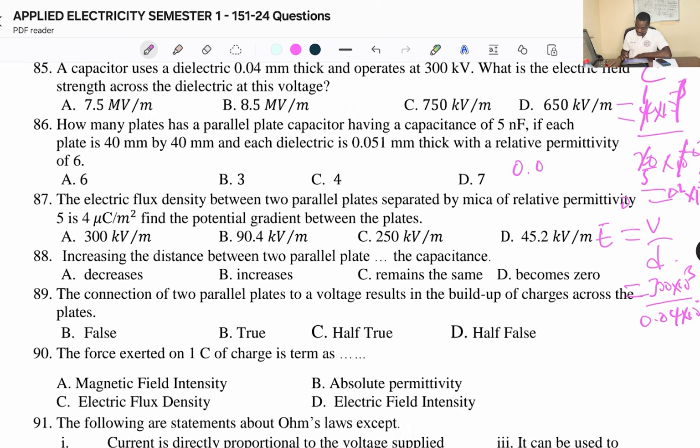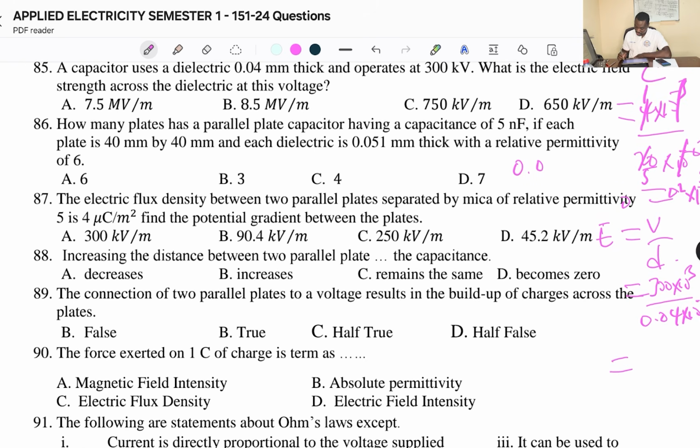So you bring this up, that will be 10 to the power 6, right? But even before that, 1, 2, 4, it will just be 4 times 10 to the power minus 2, right? So here will rather be 5 initially. So when you bring it, you get 8. This will be 10 to the power 8 here.